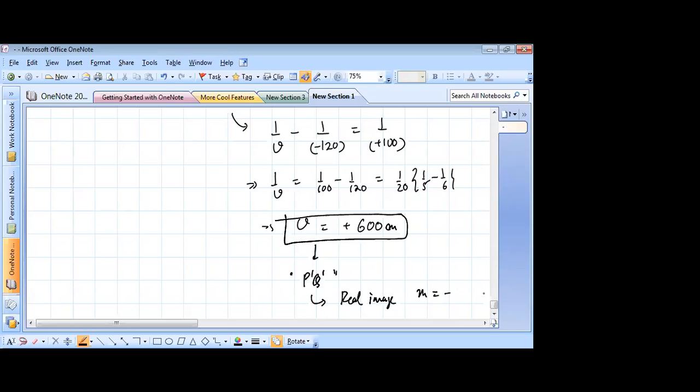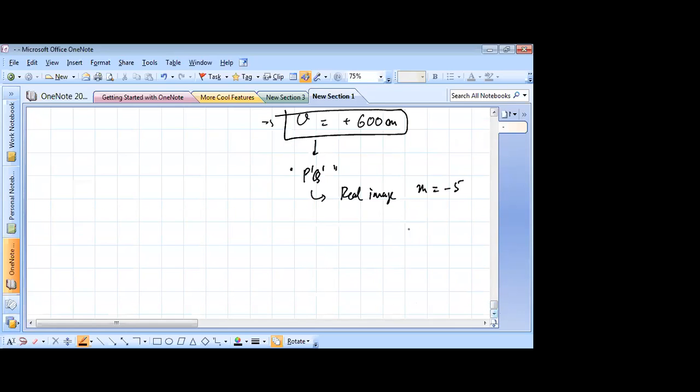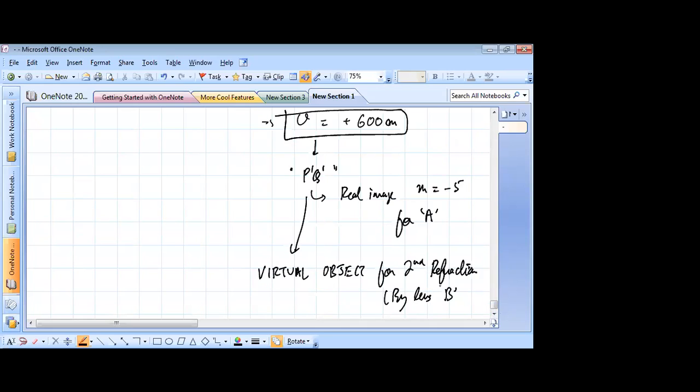Magnification factor is minus 5 for A, but that also becomes the virtual object for the second refraction by lens B. Okay.